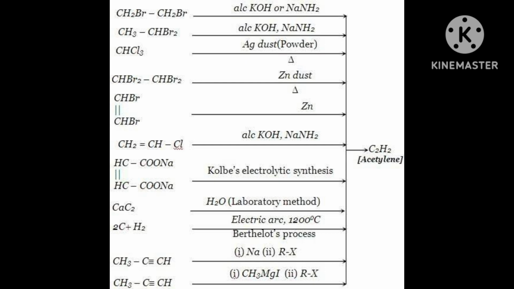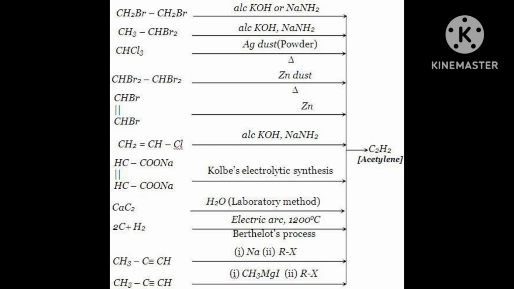Now it will become disodium ethanide or disodium acetylide, plus again half H2 and half H2, it will form H2, no problem. Now this I told you, in that way you can take these things.